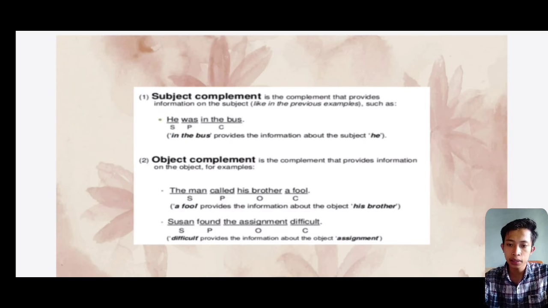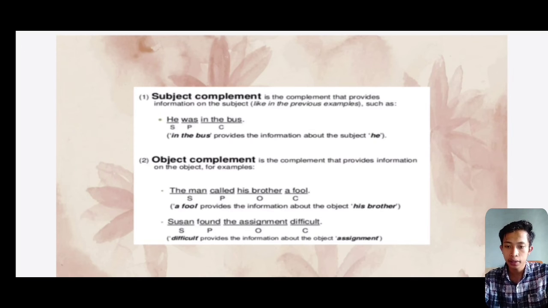A subject complement is the complement that provides information on the subject, just like in the previous examples, such as he was in the bus. In the bus provides the information about the subject, he. Second is object complement. It's the complement that provides information on the object.